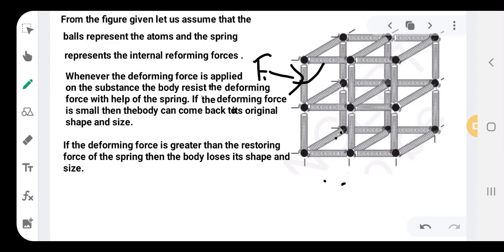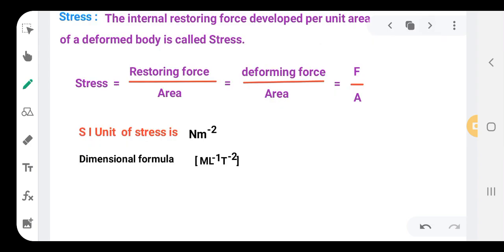Now let us go to the next slide, stress. A very important definition and also equation. Stress is the internal restoring force developed per unit area of a deformed body.